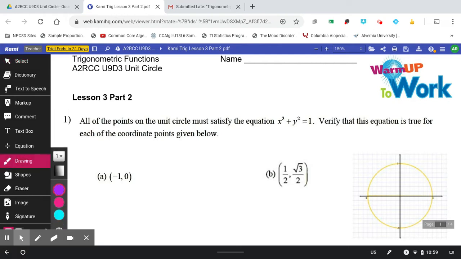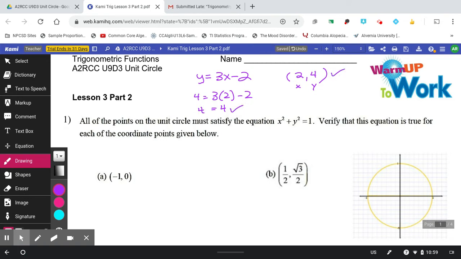Okay, so for instance, if you recall a line, if you have a line like y equals 3x minus 2, and you're going to see if the point (2, 4) is on that line, you would replace your x and your y. 4 equals 3 times 2 minus 2, and that would be 6 minus 2 is 4, and that works, so that means this point is on the line.